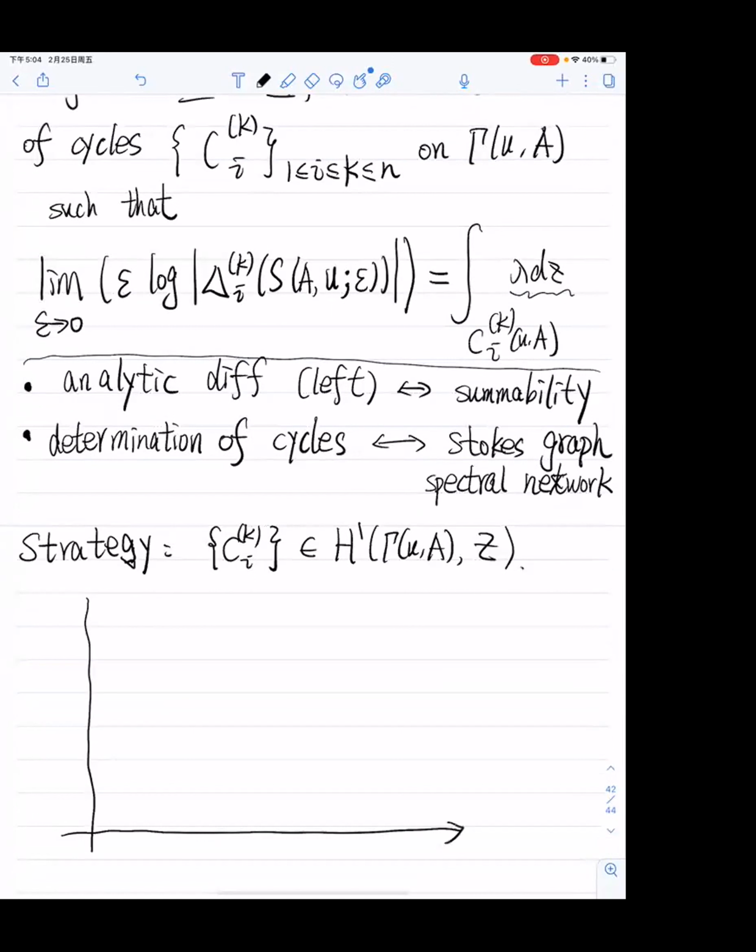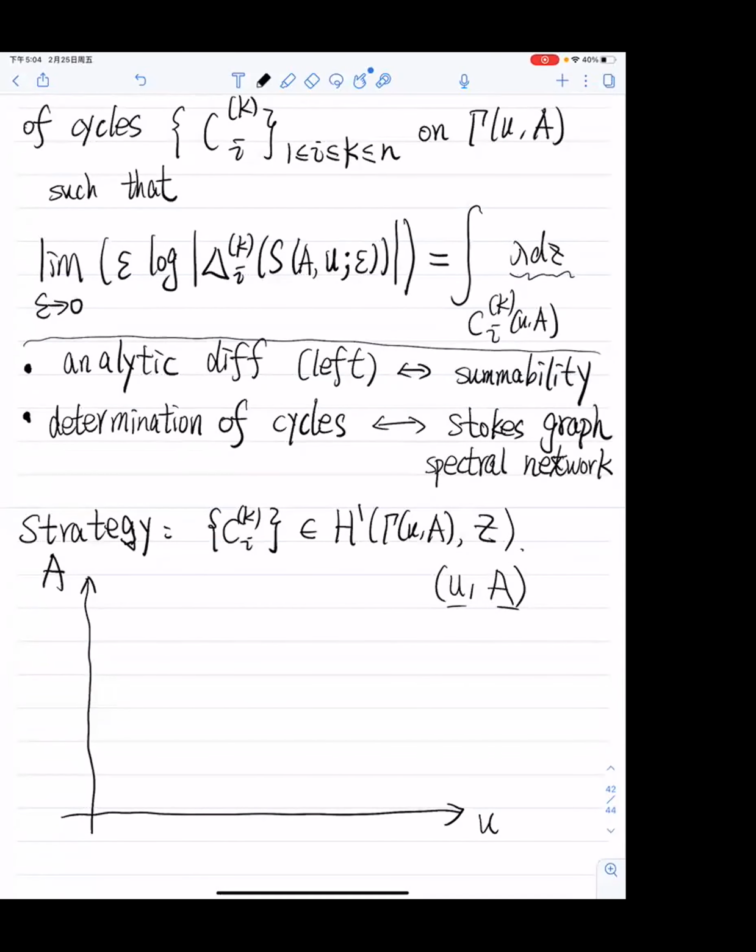Everything here, like the Stokes matrix or the spectral curve or the differential equation, is parameterized by U and A. Here, I have to say again, U is a diagonal matrix with real entries, and A is a Hermitian matrix. And let me write down the configuration space of U and A. What we conjecture is that generically this should be true.